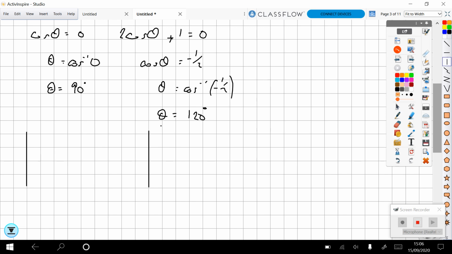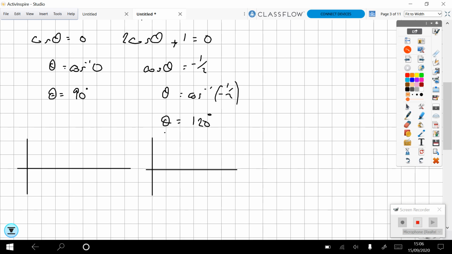Both of them are going to be the cos curve. Let me get it right. Very important to sketch the correct curve. There we are. The cos curve looks like that. Between 1 and minus 1 on the y-axis. Between 0 and 360 on the x-axis.